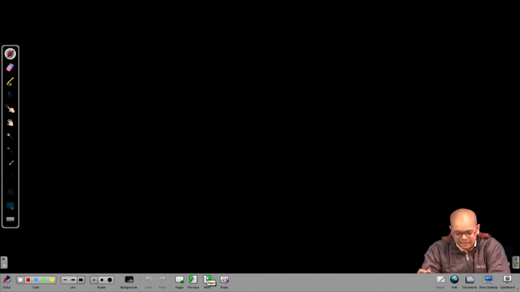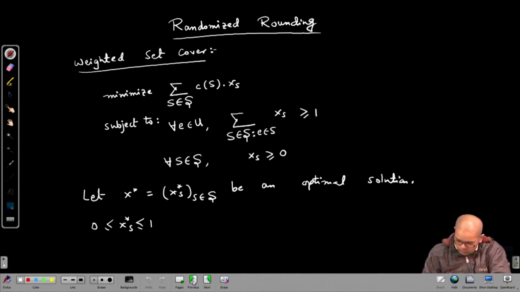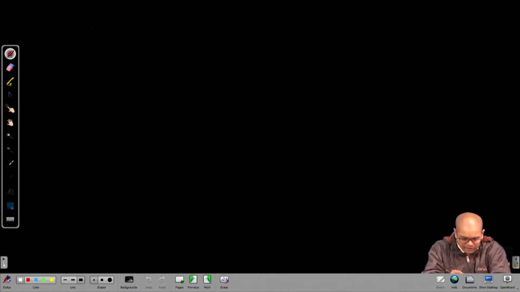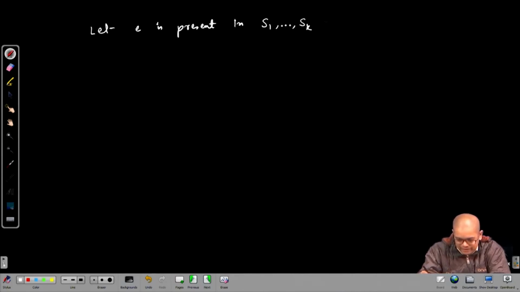So, what is the probability that an element is covered? Let a be present in k sets, S1 to Sk, in the collection.